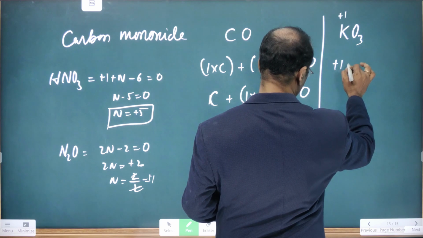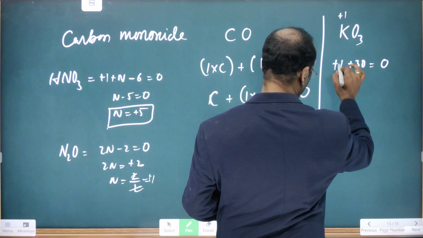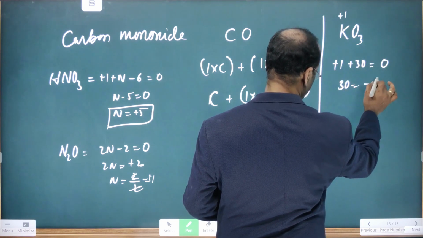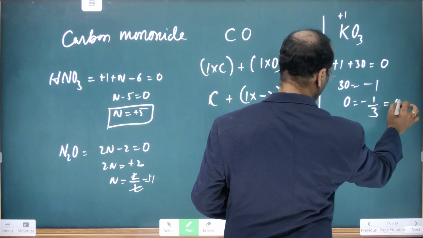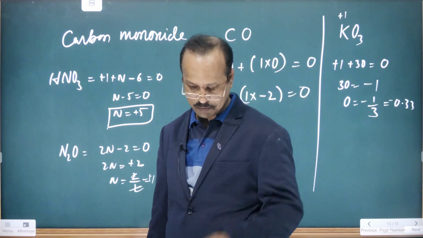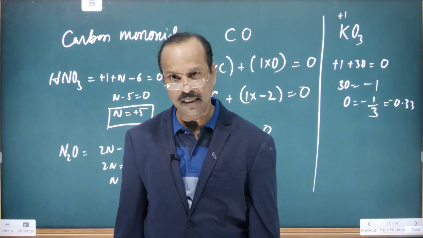Plus 1 plus 3 oxygens is equal to 0, and plus 1 going there becomes minus 1. So 3 oxygens is equal to minus 1, oxygen is equal to minus 1 by 3, which is minus 0.33 something. So the option is the last option, the fourth option, minus 0.33.